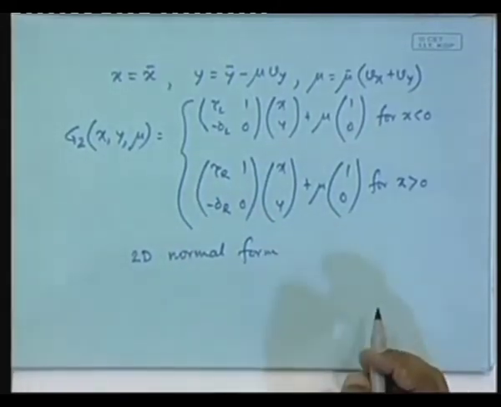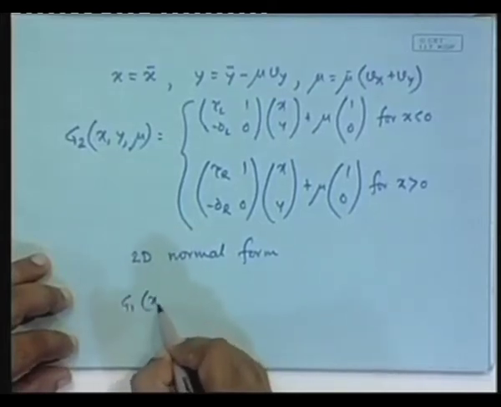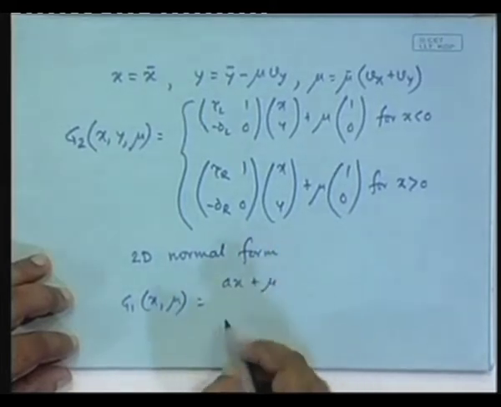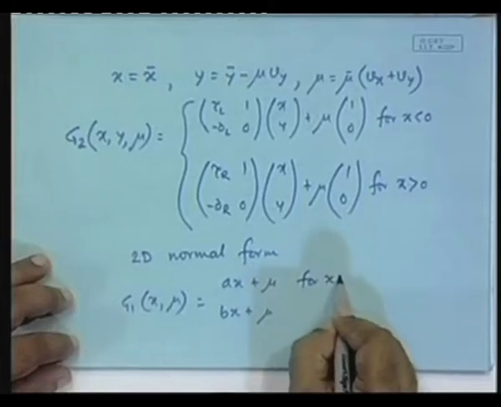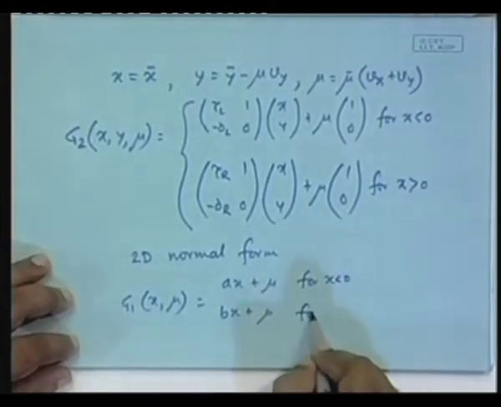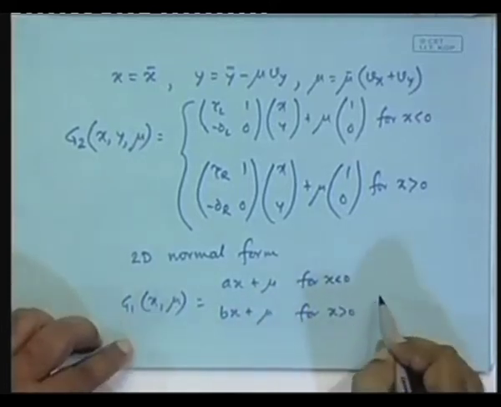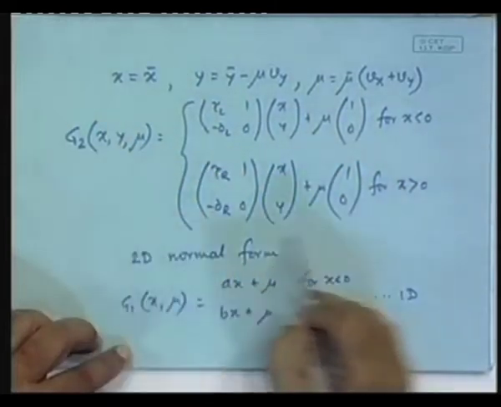Just contrast it with the 1D normal form. The 1D normal form was G1 x mu, A x plus mu for x less than 0 and B x plus mu for x greater than 0. This was the 1D normal form, and the 2D normal form is this.